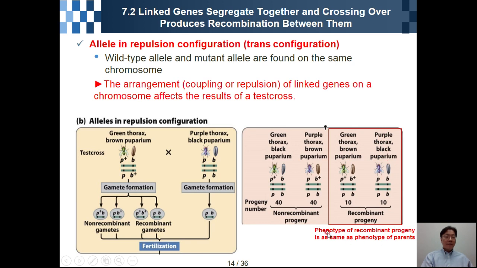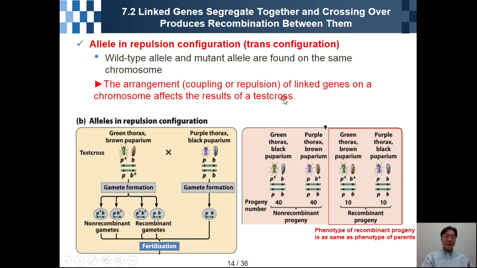So when the phenotype of the recombinant progeny is the same as the phenotype of the parents, in this case we call it trans configuration. So usually the arrangement, coupling or repulsion, of the linked genes on the chromosome affects the result of test crosses.